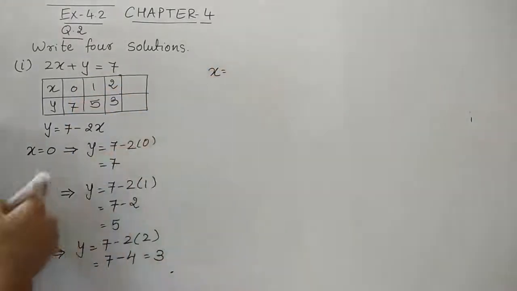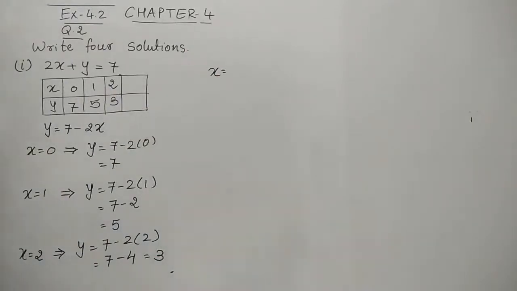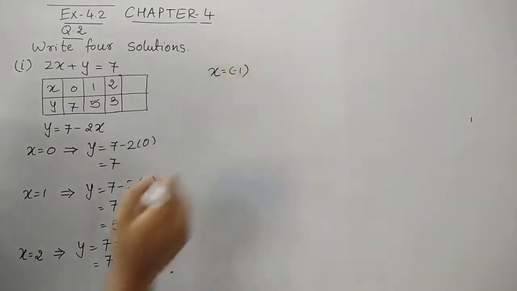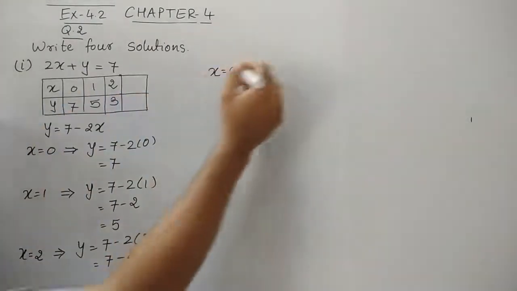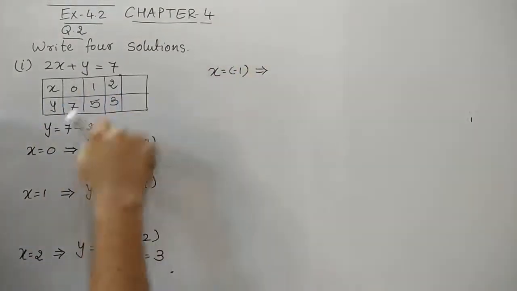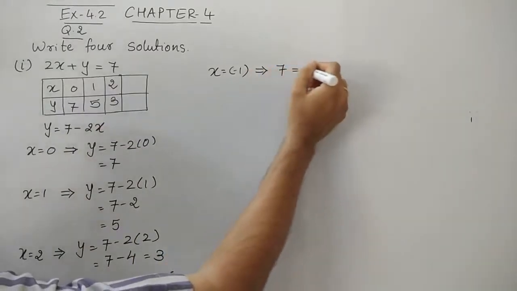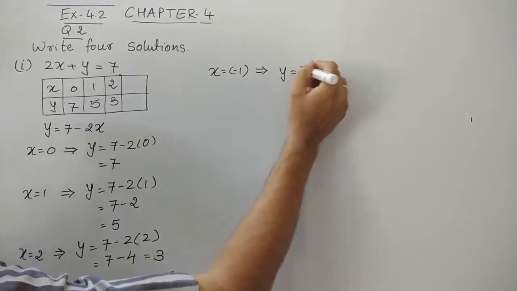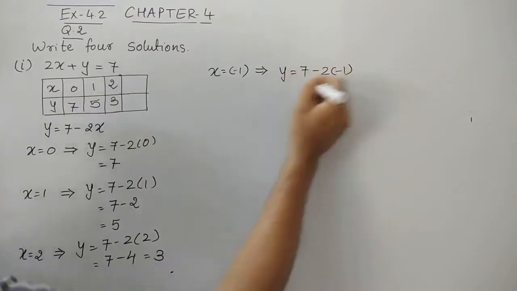Let us go for one more solution. Let students take one negative value. This is to explain to you. ज्यादातर negative value को हम avoid करेंगे. Negative value कई बार हमें confuse कर देती है, but here I am taking the negative value to explain to you. So I am taking x is -1 in this equation. So y is equal to 7 minus 2 into -1.